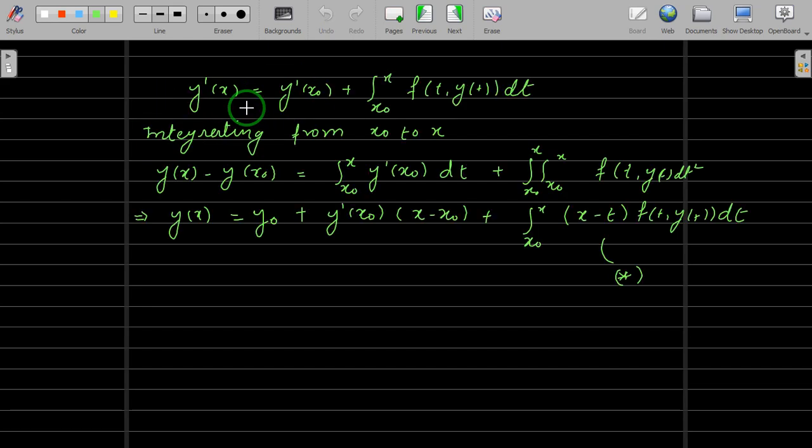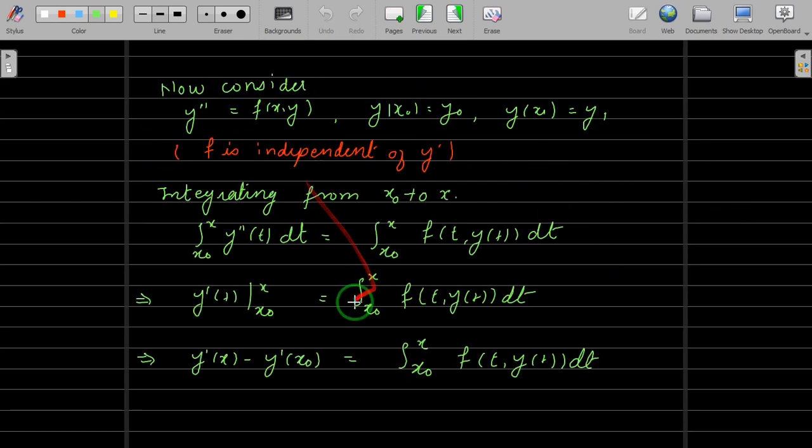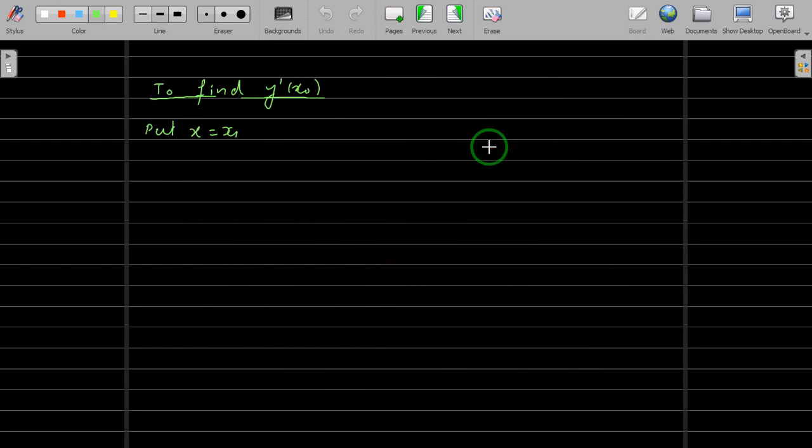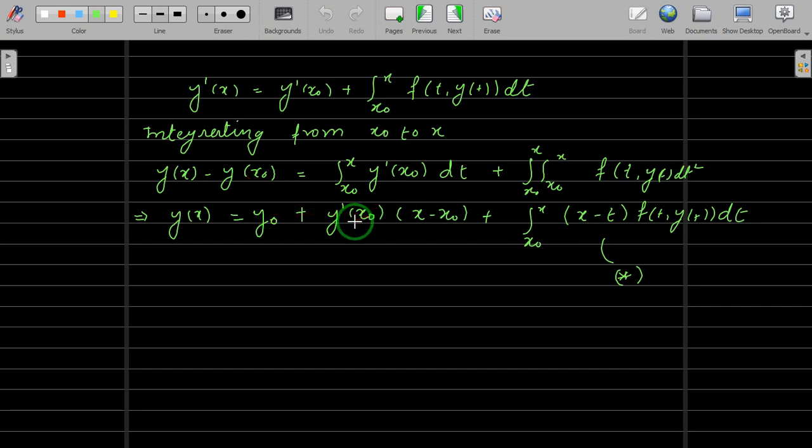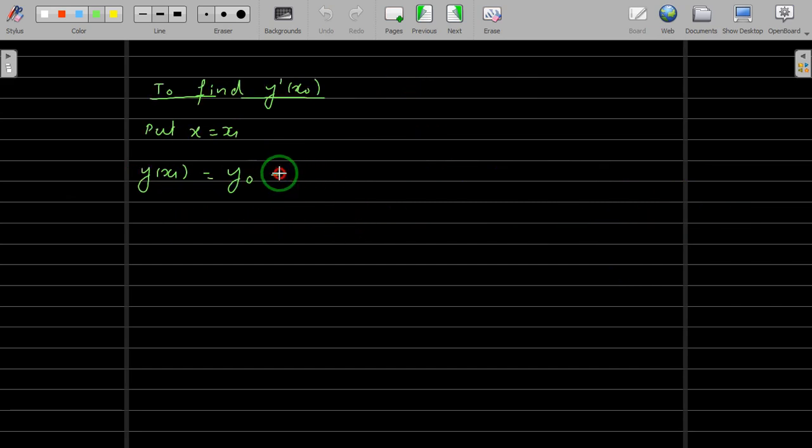The first condition we have already used, that x naught is there. Now you put x equals x1. So when you put x equals x1, what you will get is y at x1 equals y naught, which is constant, then y dash at x naught, which is constant again.